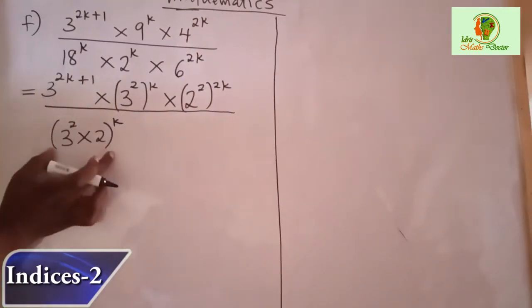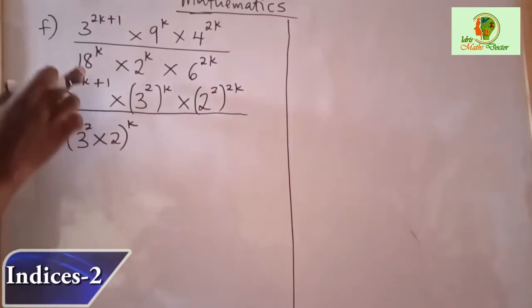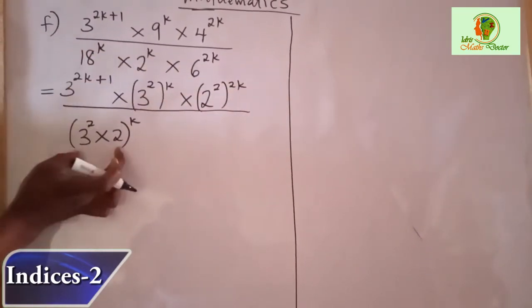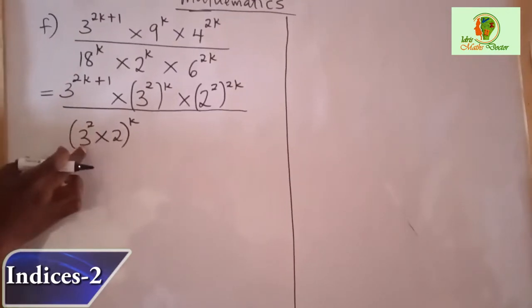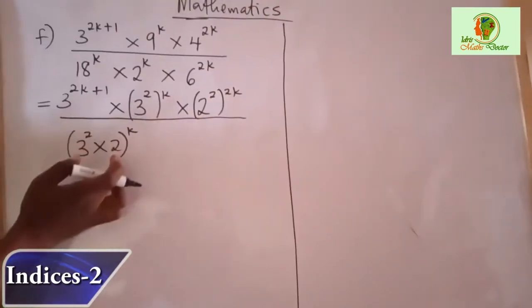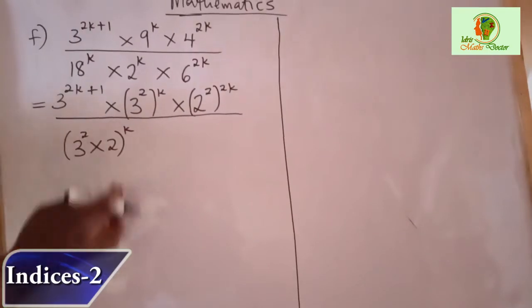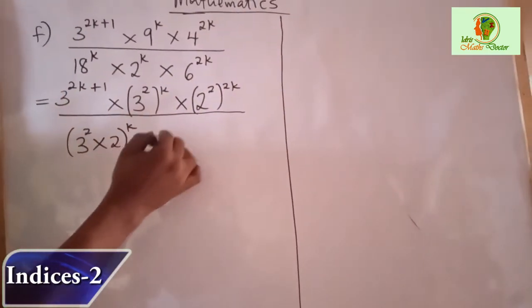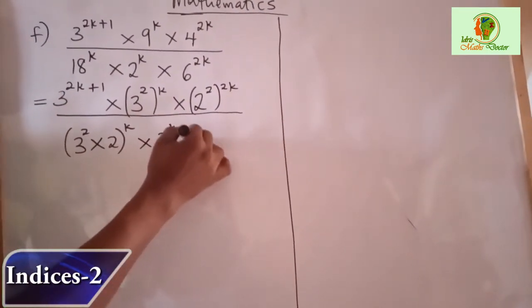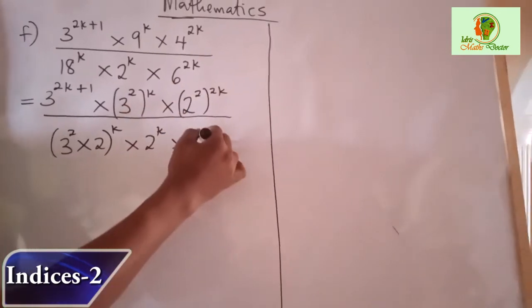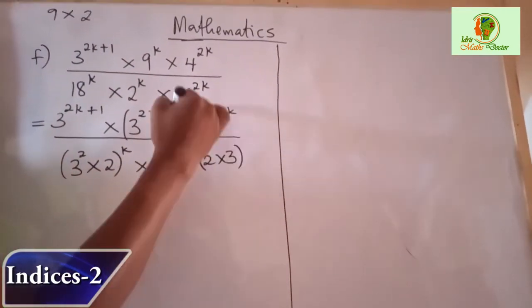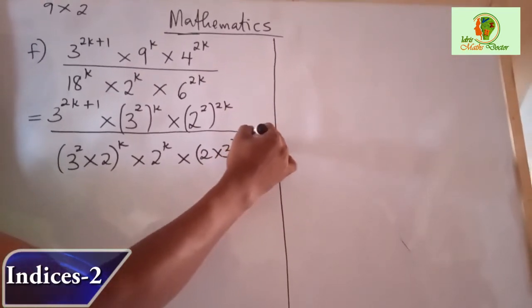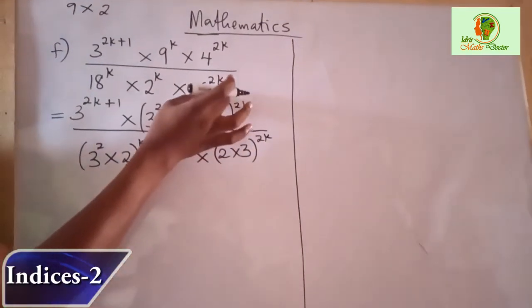What I have here is still the same as what? 18 raised to power k, because if you simplify the bracket, 3 raised to power 2 is 9, 9 times 2 is 18. So it's still the same as 18 raised to power k times 2 raised to power k times 6 is the same as 2 multiplied by 3 all raised to power what? 2k. Yes, everything here is still the same as 6 raised to power 2k.